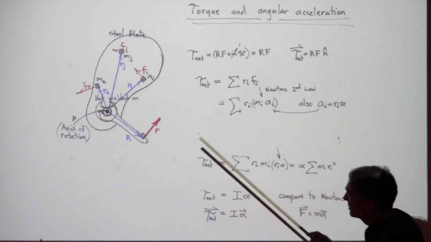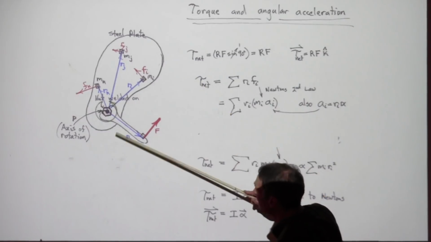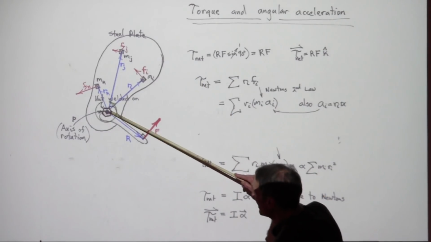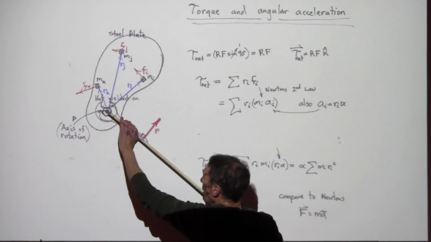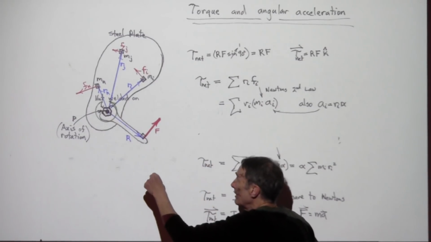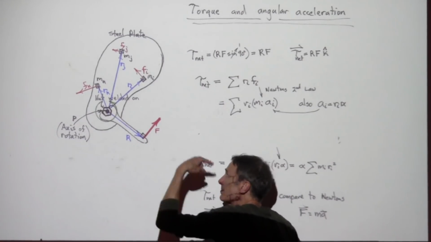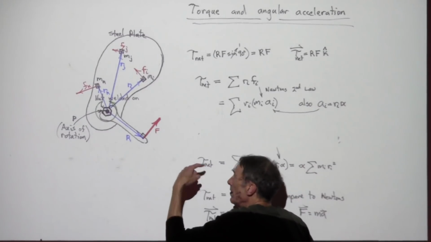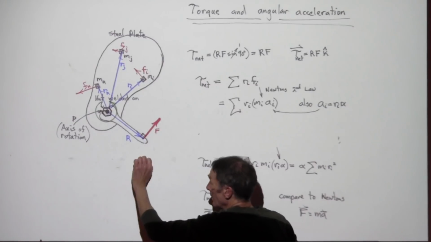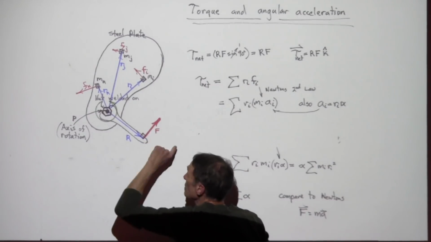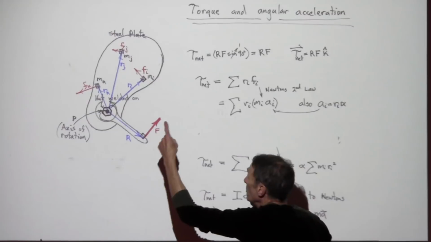So let's go back to this steel plate again, with an axle here. Imagine I'm going to weld a nut on there, and I'll put a wrench on this thing. The idea is, how do I get this thing to start to rotate? I can apply this force. It's easiest just to put it perpendicular to the handle. As I apply that force, I'm going to start to get this thing to move.